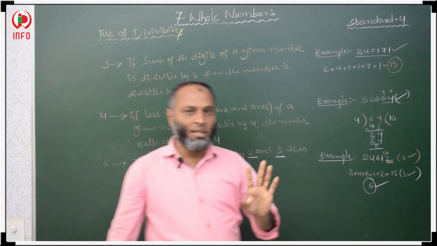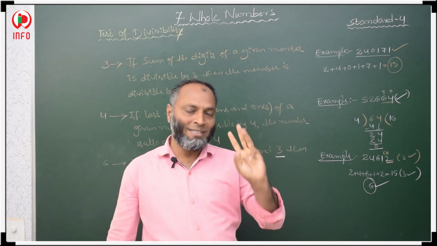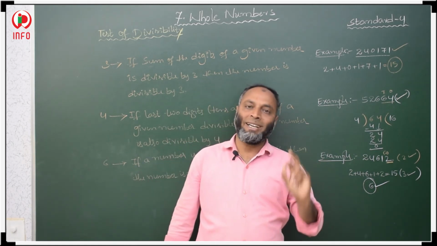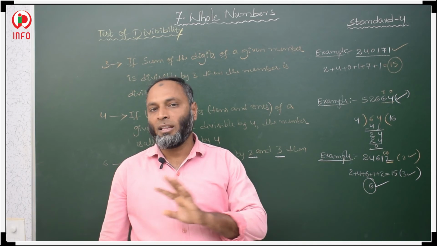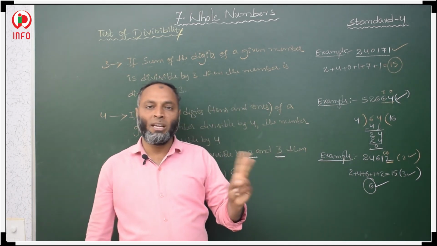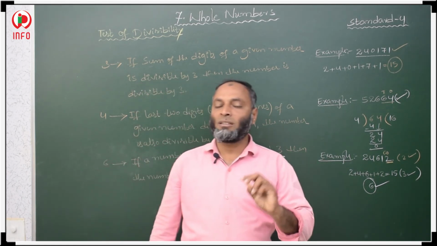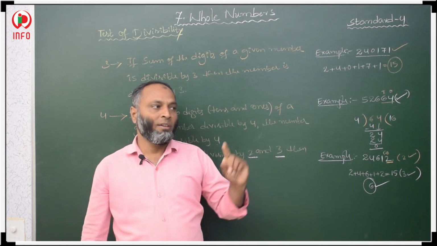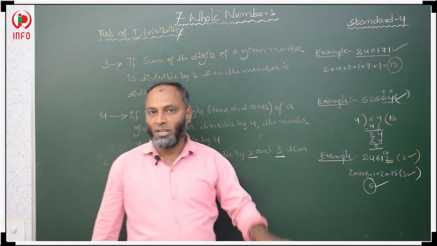So for the divisibility test for 6, the number should be divisible by 2 as well as 3. If it satisfies the two conditions, then that number is divisible by 6. Otherwise it is not divisible by 6. If any one condition fails, that means the number is not divisible by 6.